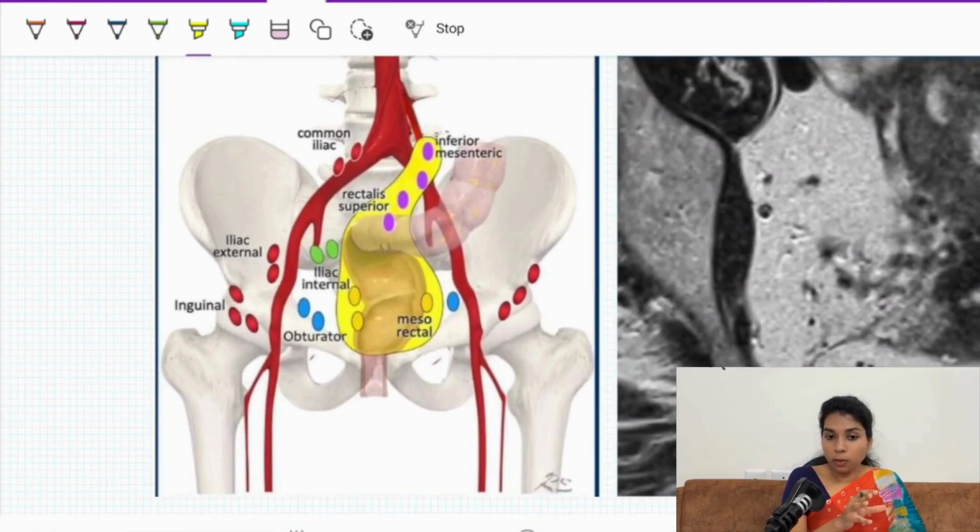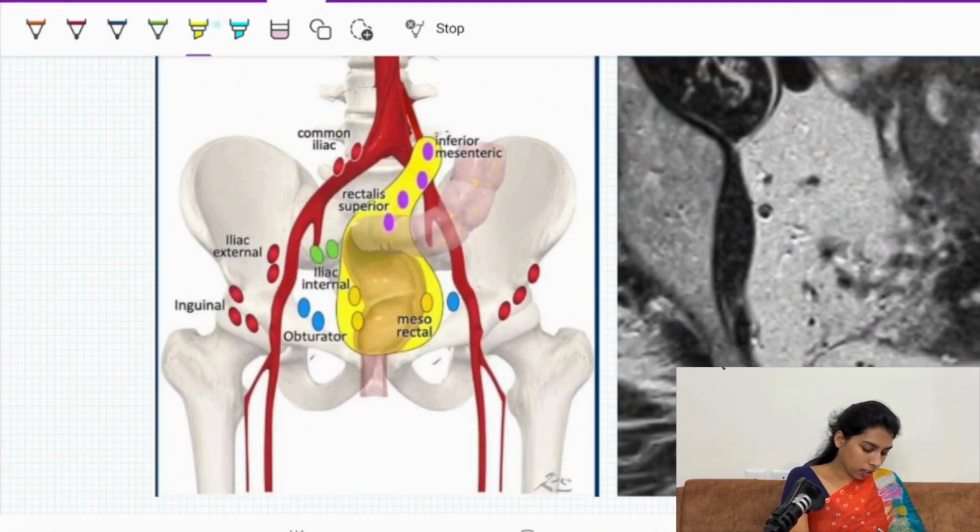Regional nodes are the nodes which are commonly involved for that tumor. Non-regional nodes are not something expected. If non-regional nodes are involved, again we upstage the disease and it directly becomes a metastatic lesion, right? This is very important, guys. Always look for non-regional nodes, because involvement of non-regional nodes says that it is a metastatic disease.